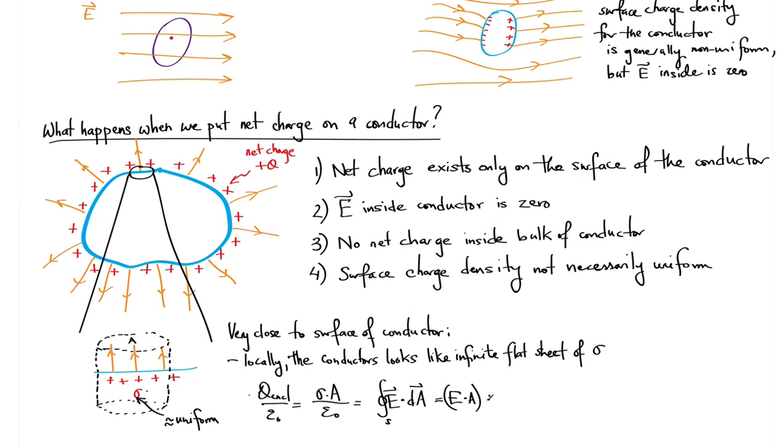Right? For the bottom surface, there's actually no electric field, right? We said there is no electric field inside the conductor. The bottom surface is inside the conductor, so this is 0, right? This comes from no field inside conductors.